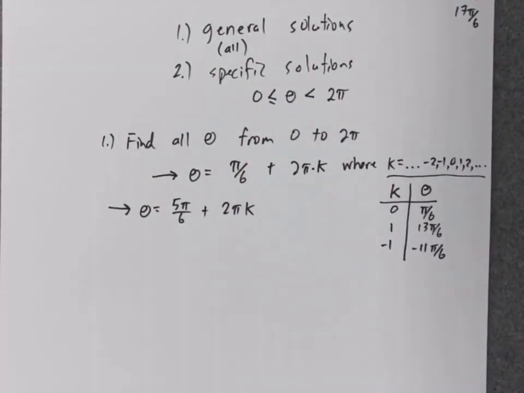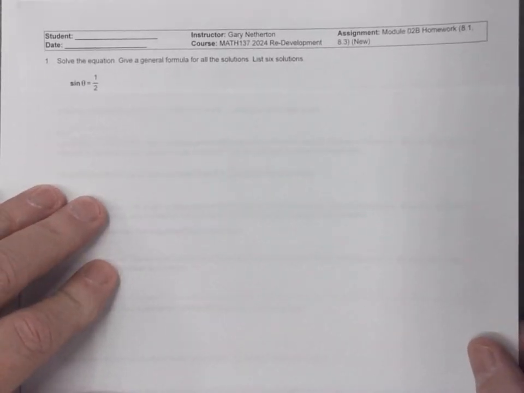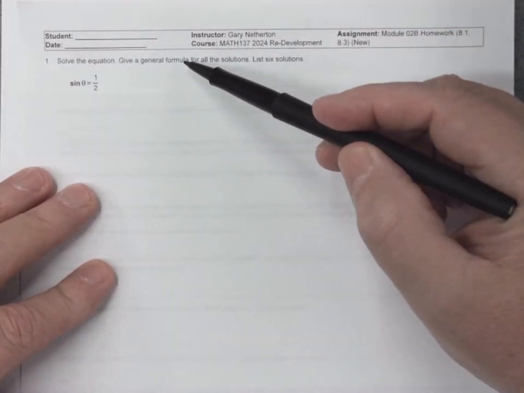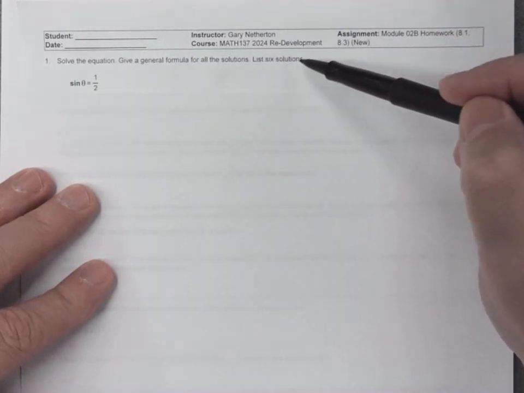So now let's actually look at what they're going to want you to do when you do this kind of problem in the homework. The first thing they say is solve the equation. And then they say give a general formula. So we've done that for all the solutions. And then list 6 solutions. So let's see the kind of thing they want you to do.